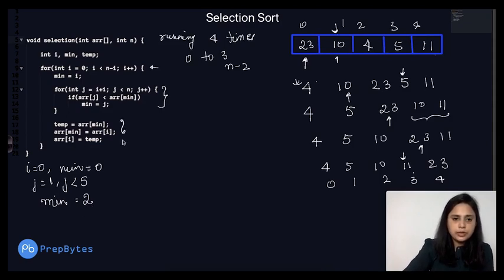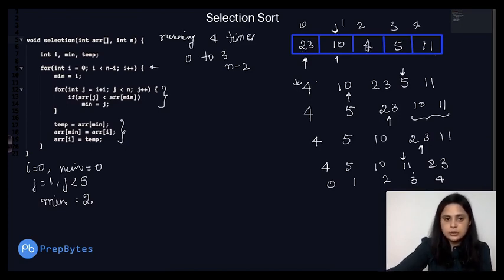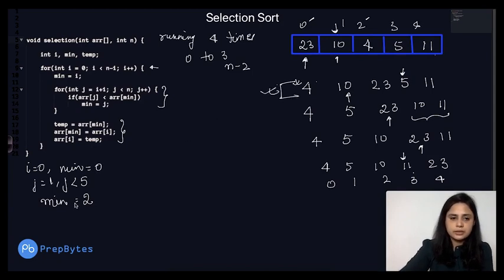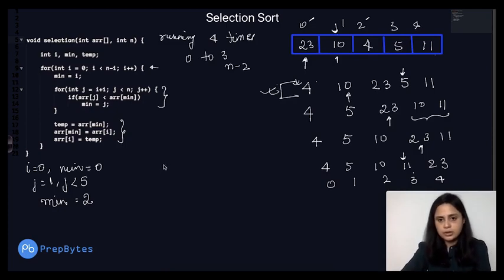After this, we swap the value at index I with the value at index min. So I'll swap my 0th index and the value at index 2. My array is going to look something like this. After this, these two indexes' values get swapped.